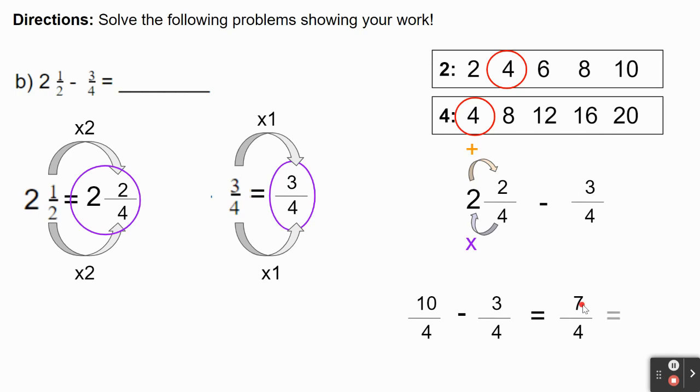Well, 4 times 1 gets us closest to 7 without going over. Because 4 times 1 is 4, we need 3 more to get to 7. So the numerator is 3, and the denominator 4 stays the same. So the difference, or the answer to the subtraction problem, is 1 and 3/4.